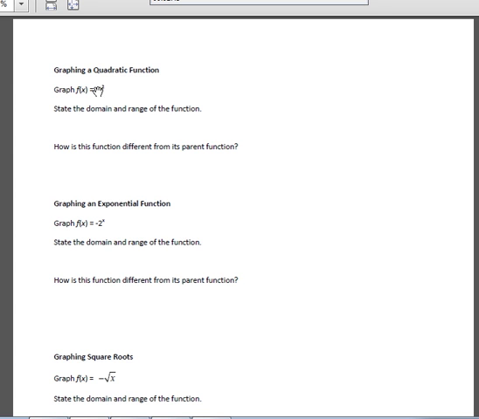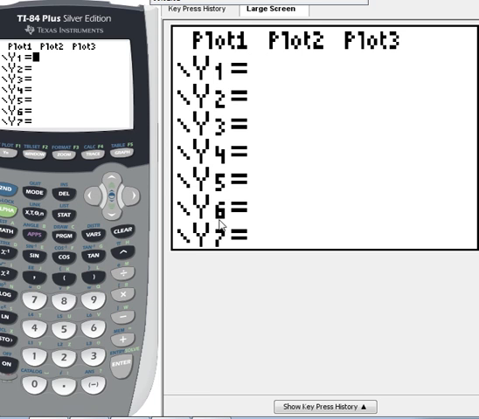Graph f of x equals negative x squared. Now, before I do that, oh, look at that. There's my neat new tool that I'm going to be using. So this probably looks familiar to you. I've got a blown up screen here and a regular size screen here. So I've already gone to the y equals.